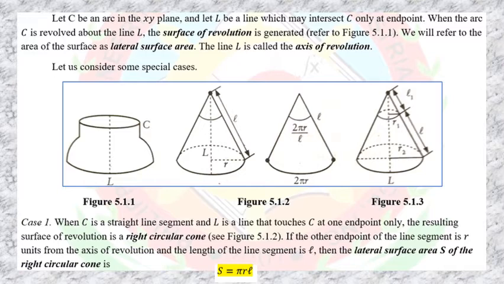We will refer to the area of this surface as lateral surface area, and this line L, class, is called the axis of revolution.